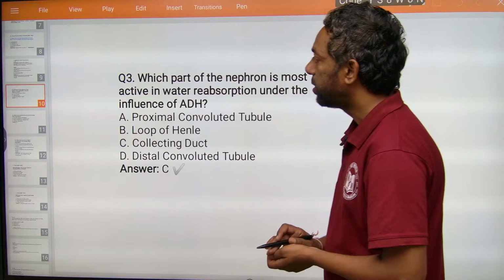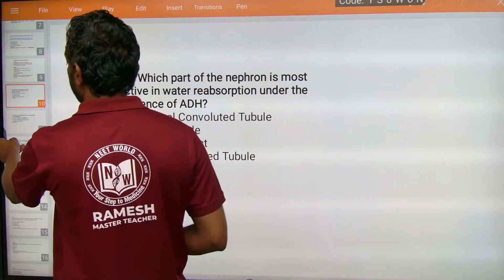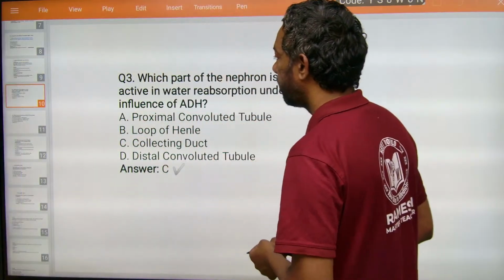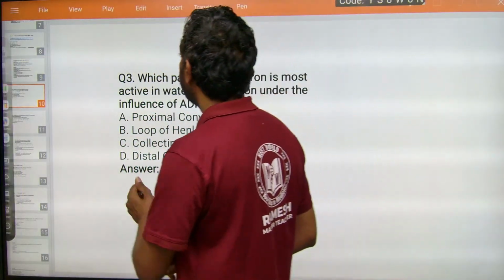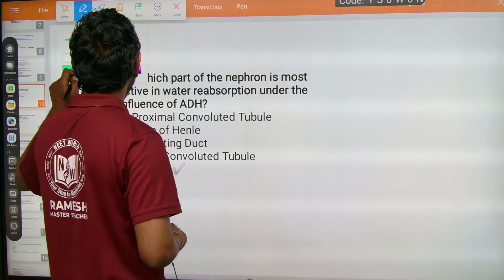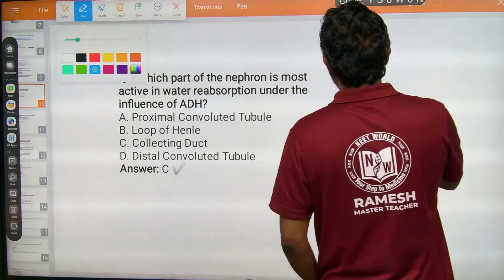Okay guys, there are two types of reabsorption that take place throughout the nephron.